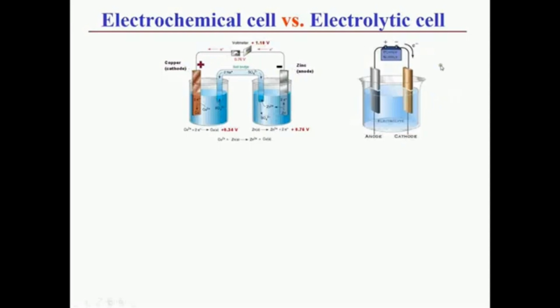The electrolytic cell, on the other hand, consists of 2 electrodes dipping into the same electrolyte. The electrodes are connected to a battery source.